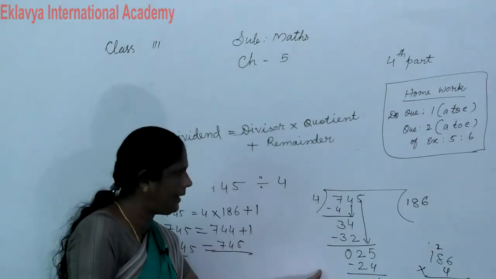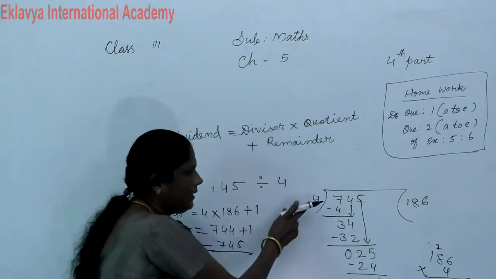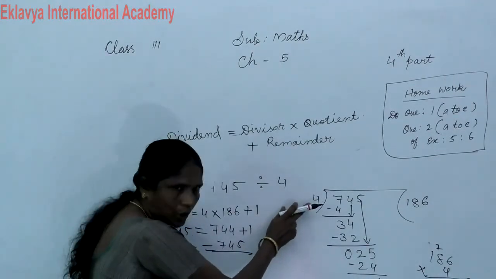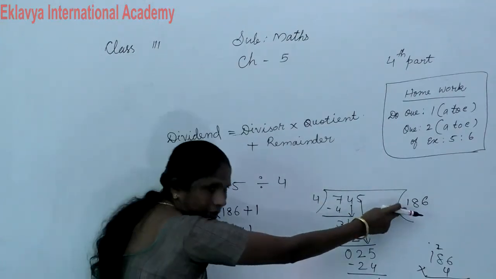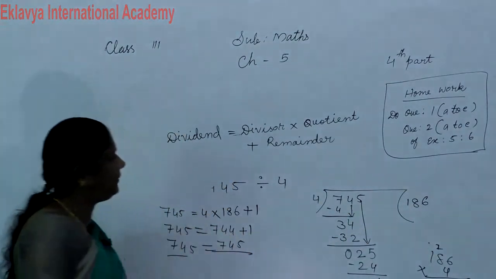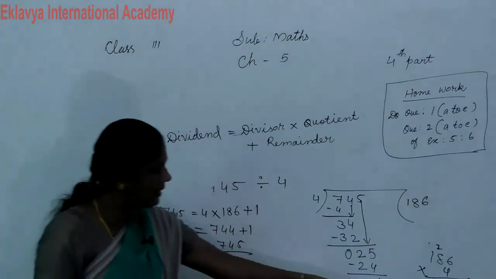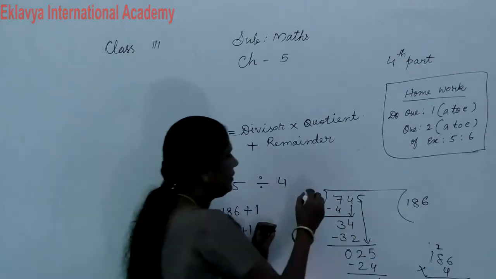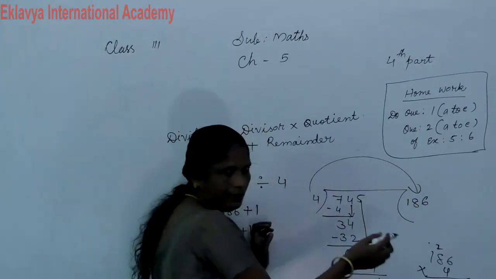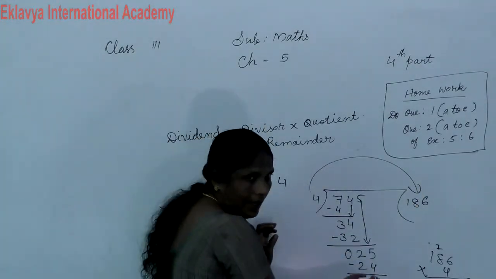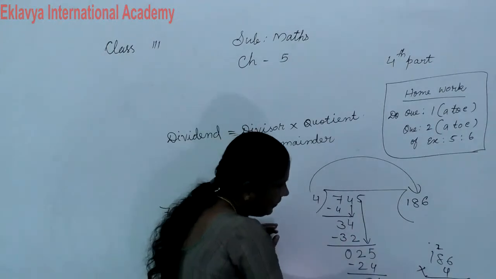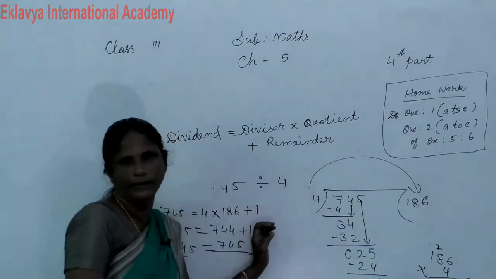First you divide, then you multiply: your divisor is 4, your quotient 186, and your remainder is 1. First you multiply these two, then you add the answer of these two, then add 1 remainder.